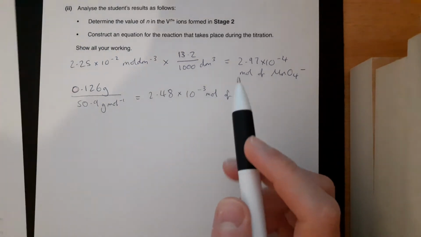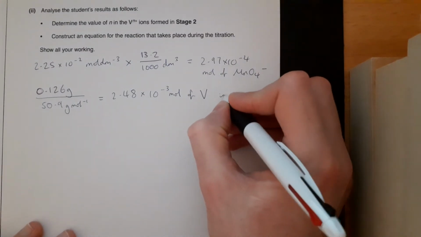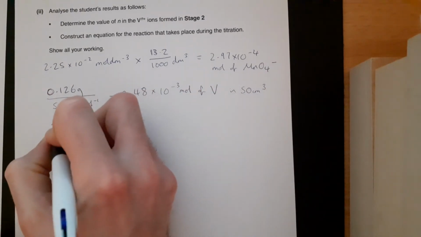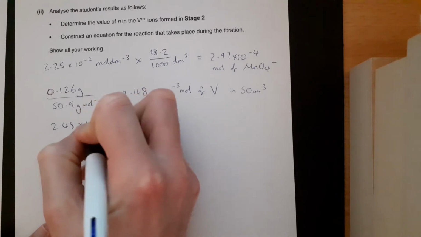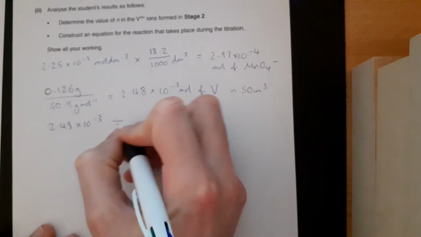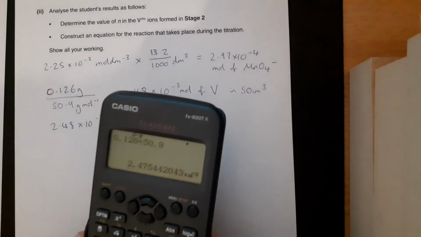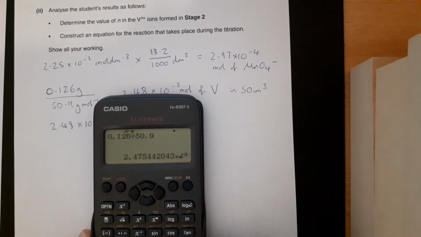That was the moles of vanadium in 50 centimeters cubed. So if we do 2.48 times 10 to the minus 3 divided by 5, that's going to get us the moles in the 10 centimeters cubed that actually reacted with the manganate. I've got this number still on the calculator from before, so we're just going to divide that by 5.